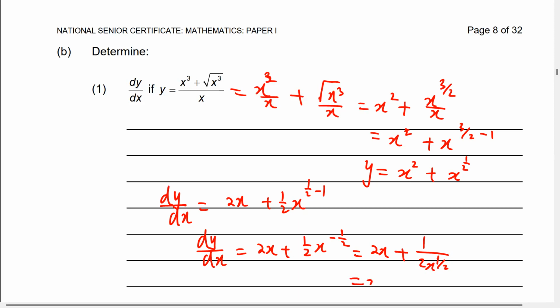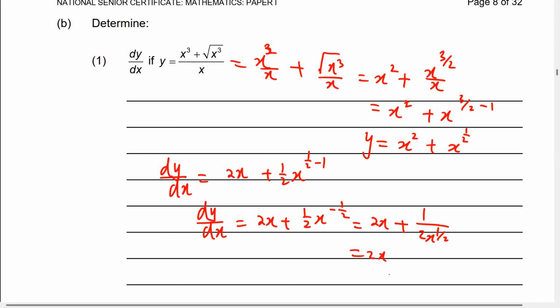But you can also write this as plus 1 over 2 square root of x. It's also very much acceptable. So that becomes the answer.